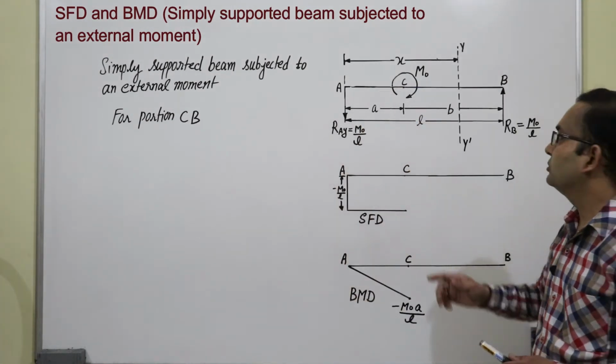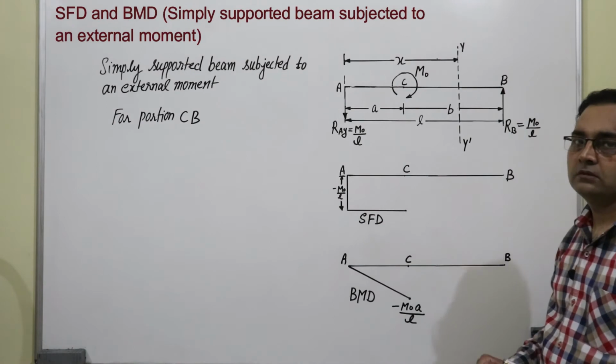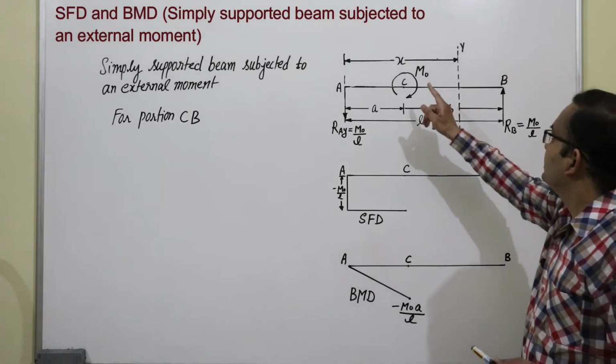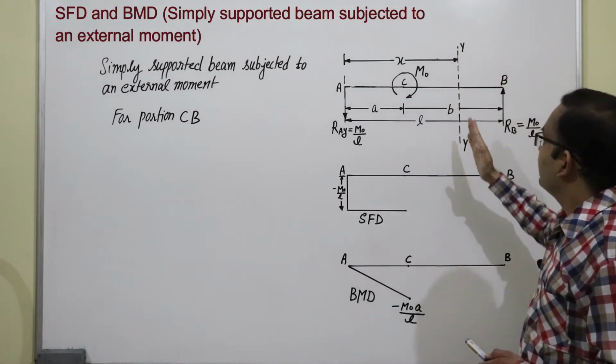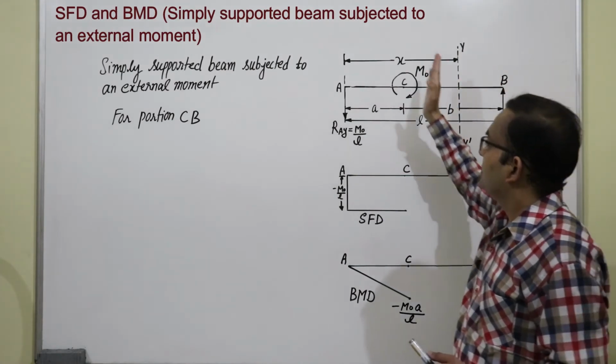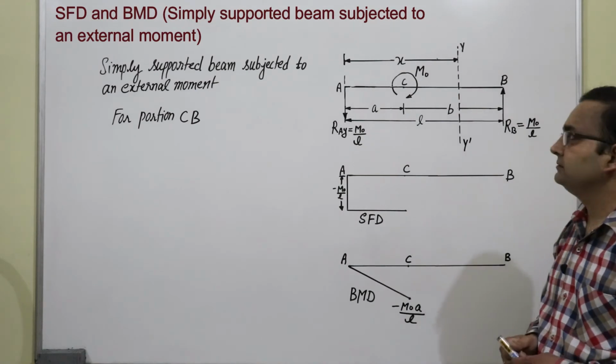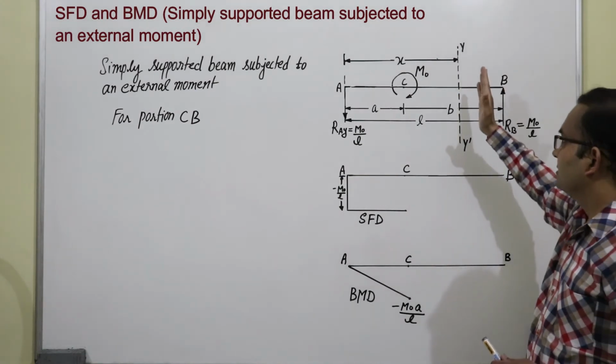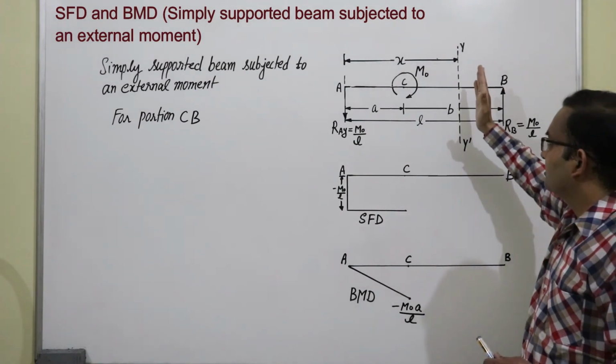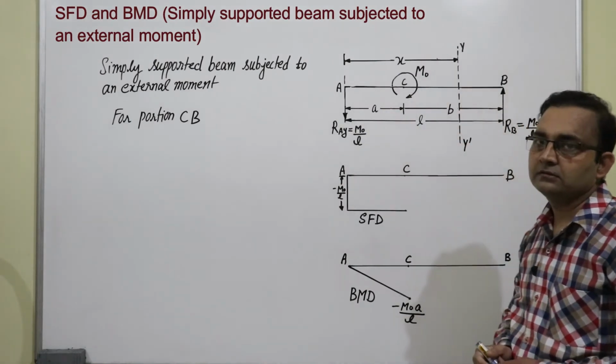Now we will consider portion CB. We will take section between CB, this is a section, and the distance of this section from the left hand side from point A is x. So this is a section, and we will see force towards the left of this section.